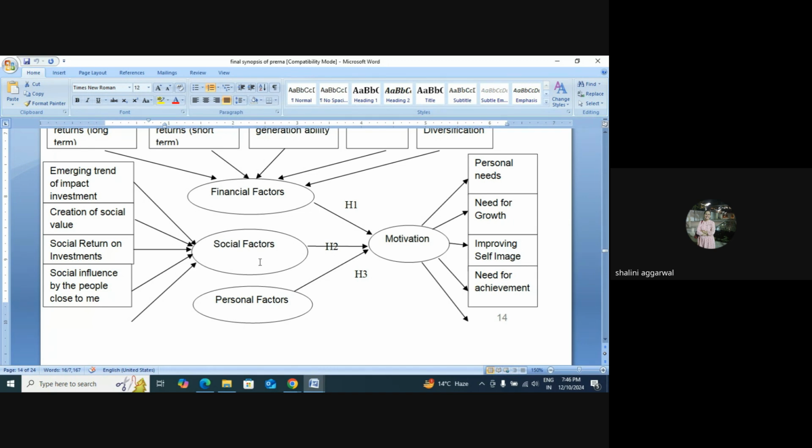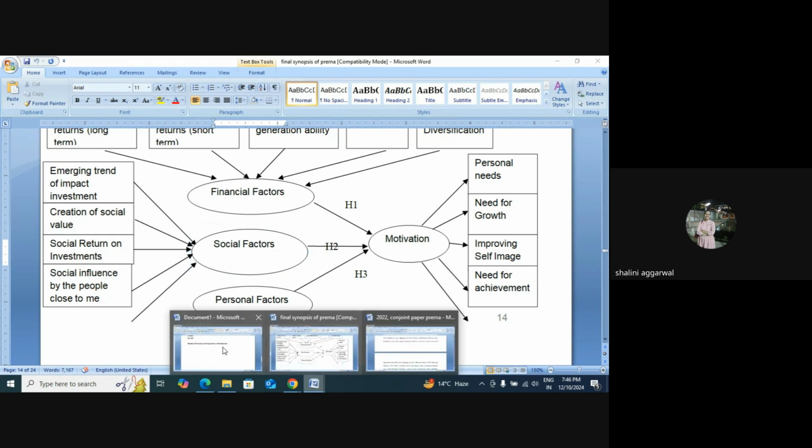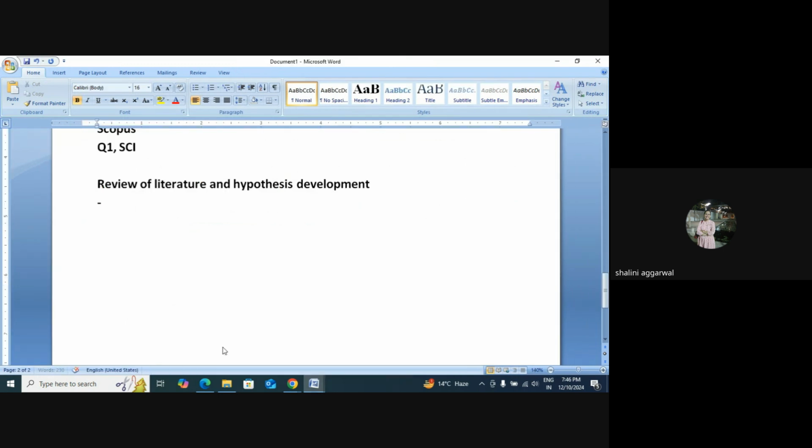So financial factors आप देख सकते हो, social factors, personal and motivational factors. So how do we start writing? एक तो ना theory. Which theory is important? Please understand which theory is important or correlate to our topic. So this is important. You have to write about this.